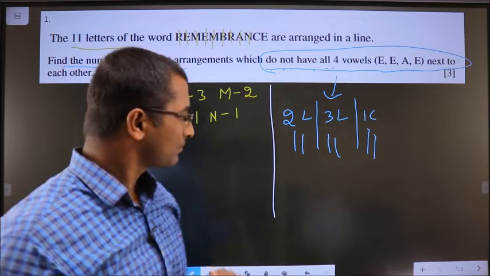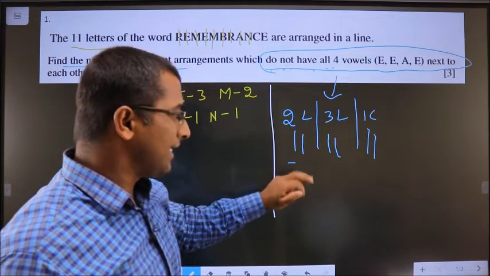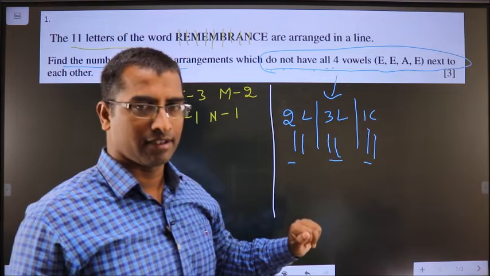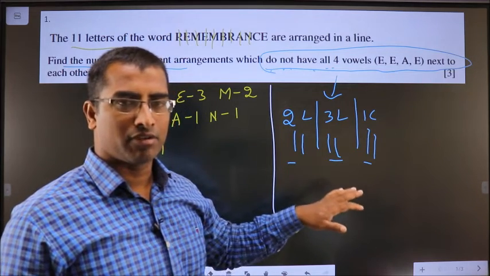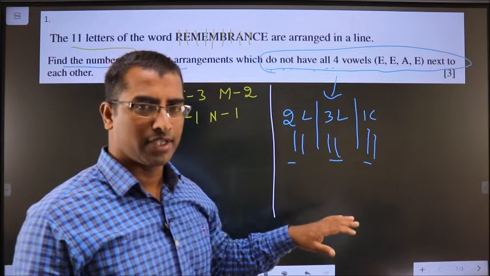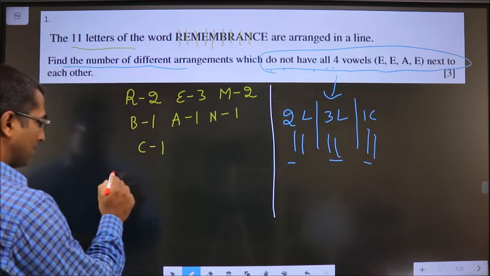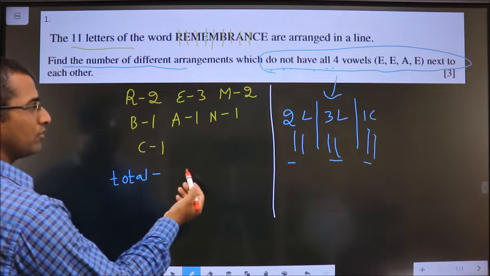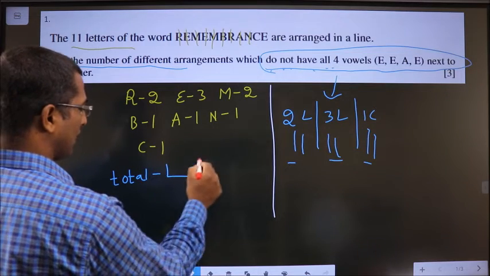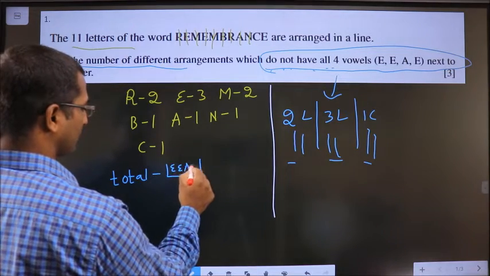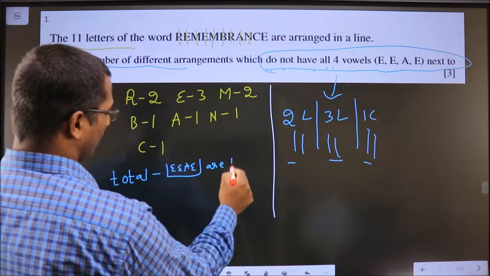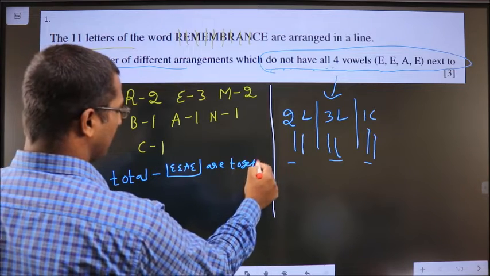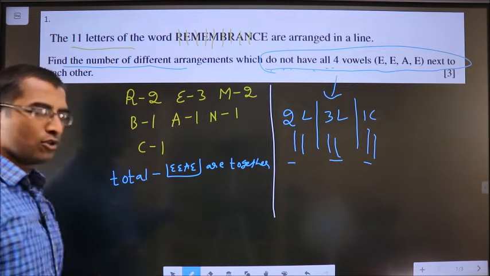Okay. Now, finding for each and adding will take a lot of time. So instead what we do is, from the total arrangements, if I remove whenever the 4 vowels are together, automatically it will result in when they are not together.